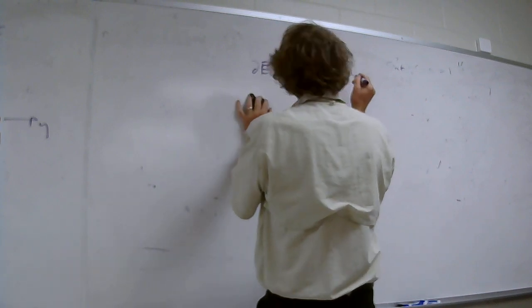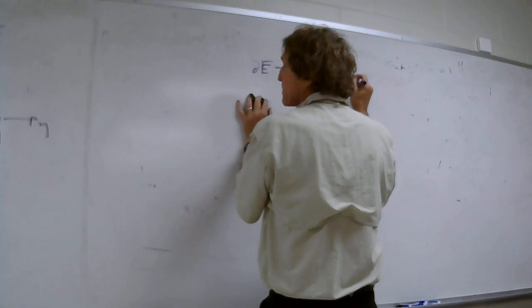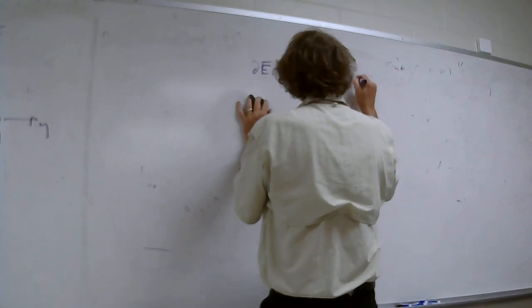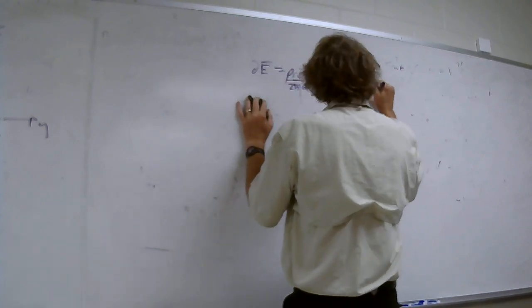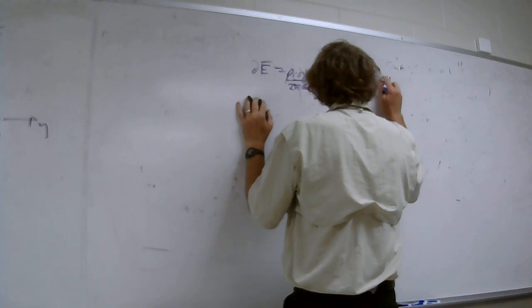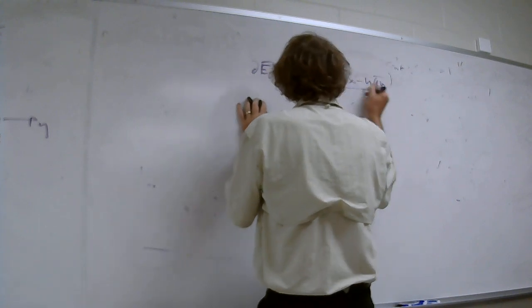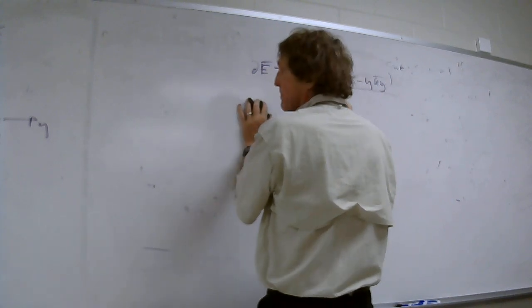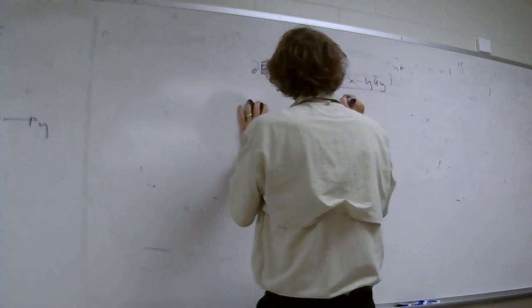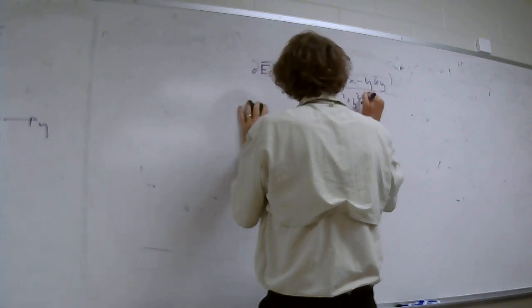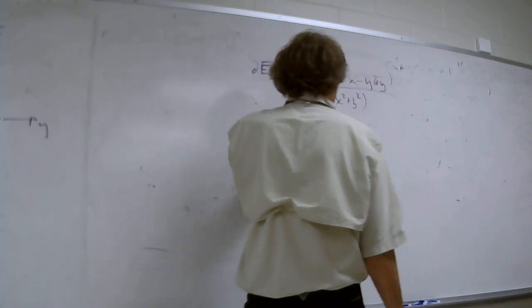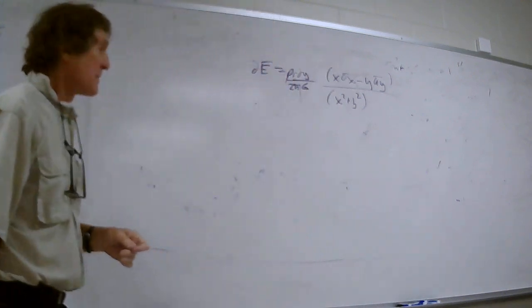A rho is going to be x ax minus y ay, over that magnitude, square root of that, but there's another magnitude, so it's really over x squared plus y squared, and that would be the differential electric field right here.